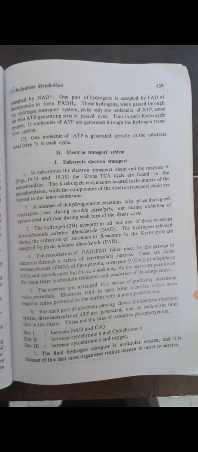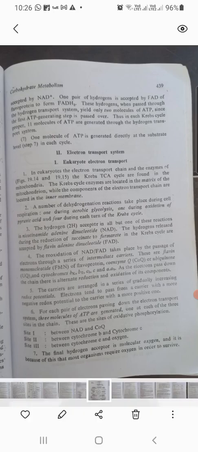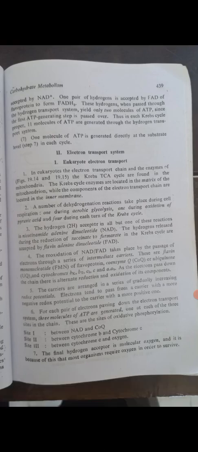In eukaryotes, the electron transport chain and the enzymes of the Krebs cycle are found in the mitochondria. The Krebs cycle enzymes are located in the matrix of mitochondria, while the components of the electron transport chain are located in the inner membrane.